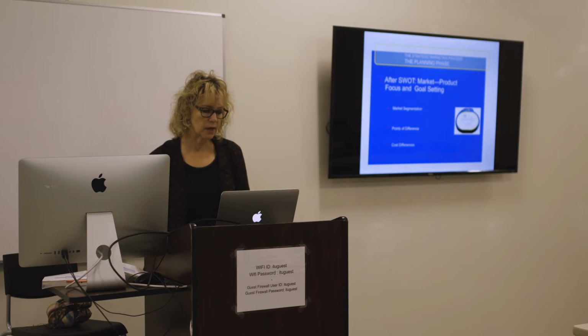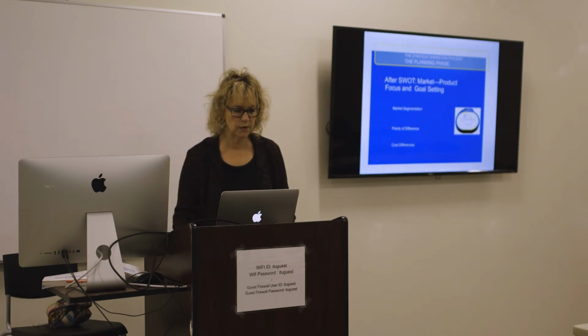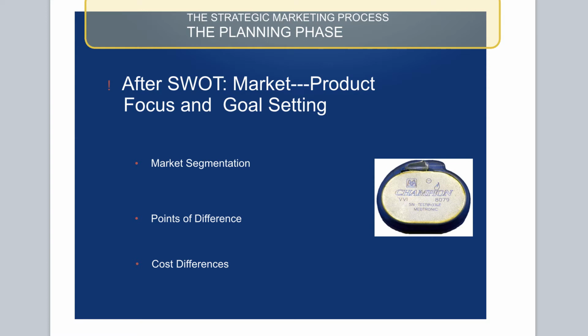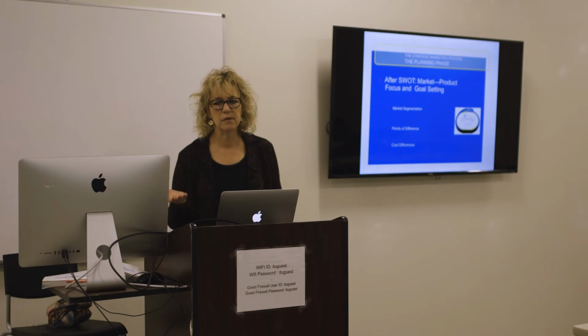After that, you want to take a look at how you're going to market your product. So the SWOT would indicate, all right, if there's a full-fat market, how do we look at the different segments? Which ones are we going to choose? And can we further evaluate their values, their lifestyle, or the ways that they purchase products? The major way that organizations market themselves is to differentiate themselves.